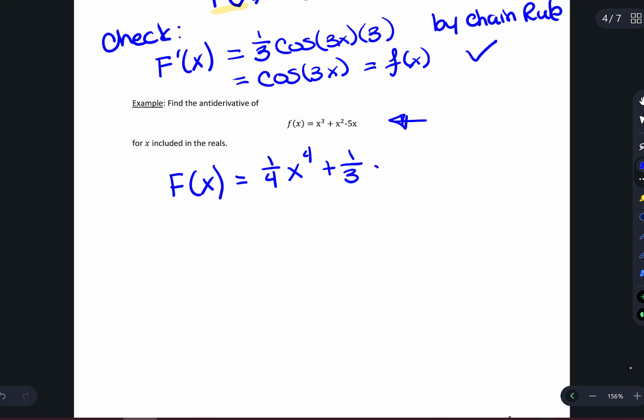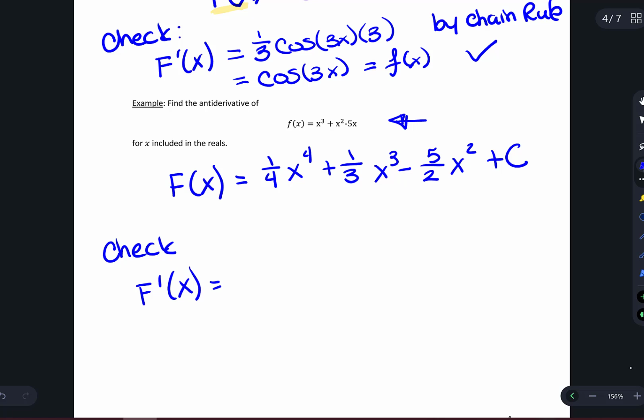Similarly, I've got 1/3 x to the third, and then minus 5/2 x squared. And then again, we're going to put that plus c, where c is a constant, because we know that we're defining the general antiderivative here, and anytime I take the derivative of c, which is a constant, with respect to x, I'm going to get 0. So then again, we could do a check here, where we look at the derivative of capital F of x.